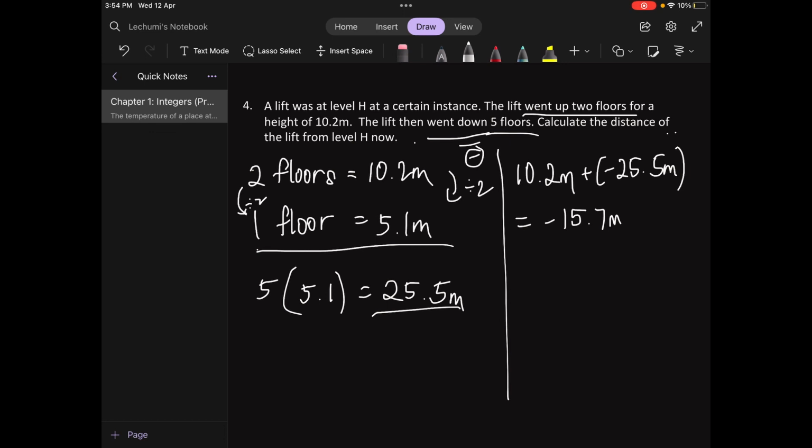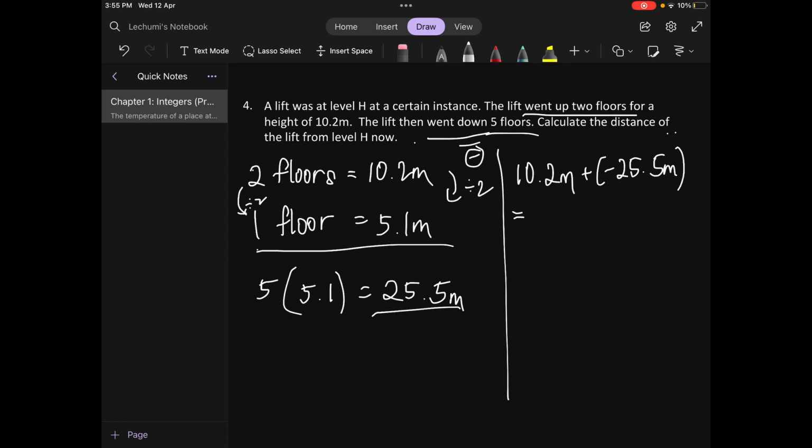Do you see that? I'll give you a moment to just take it in. So 10.2 meters plus negative 25.5 meters.